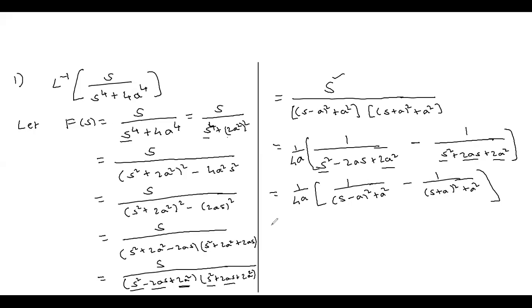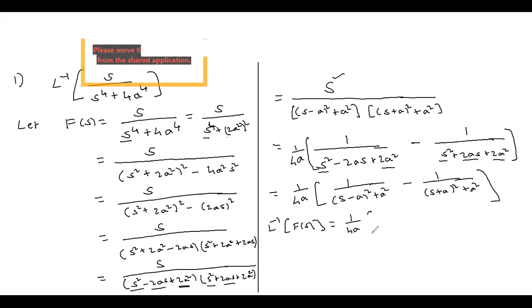So if I want L inverse of f of s, using linearity I can write it as 1 by 4a into L inverse of 1 by s minus a whole square plus a square minus L inverse of 1 by s plus a whole square plus a square.